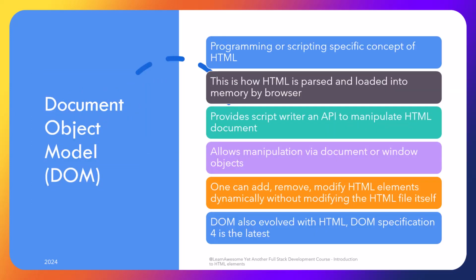Our last item to cover is an introduction to DOM. DOM, or Document Object Model, is a programming aspect of HTML where an HTML document is parsed and loaded into memory by the browser, and an API or application programming interface is provided to the scripting language to manipulate that in-memory representation. Is it confusing or scary? No. You just used DOM a second ago on the scripting slide.